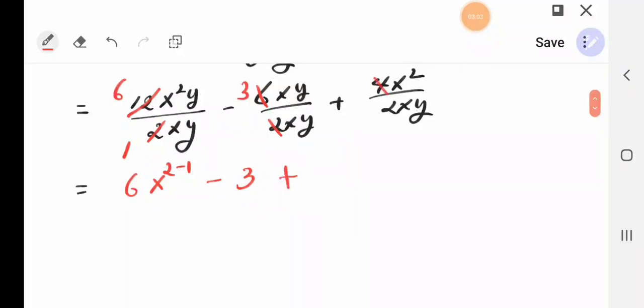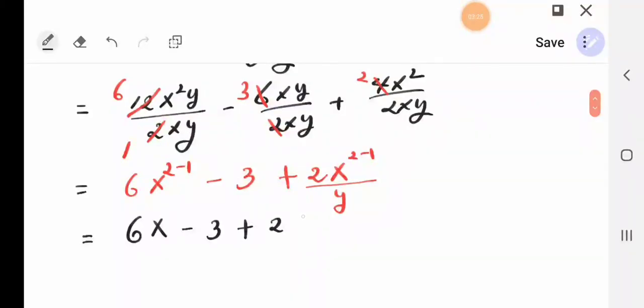Plus 4 over 2 is 2. So 2x to the 2 minus 1 over y. And then simplify. So 6 times x to the 2 minus 1 is 1, so 6x, minus 3, plus 2 times x to the 2 minus 1 is 1, so 2x over y.